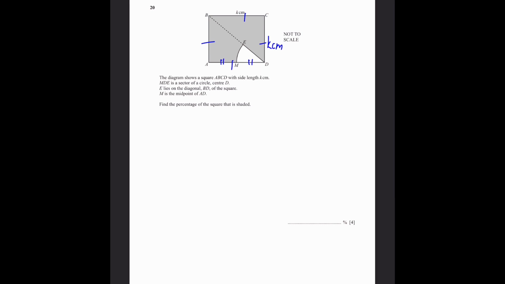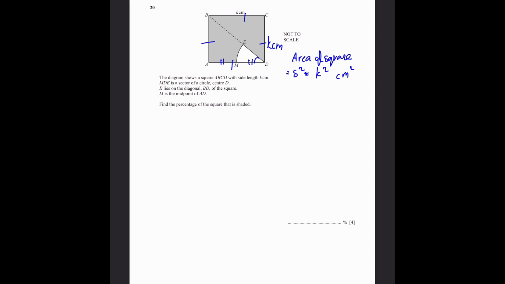So first, what's the area of the square? Area of the square is equal to side squared, which is equal to k squared. We don't know what k is, so we can leave it like this. k squared centimeters squared. Now we need to find the area of this sector. But for that, we need the angle formed by the sector.